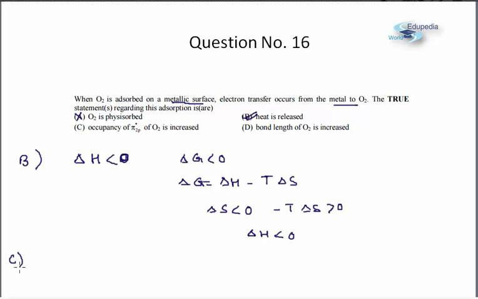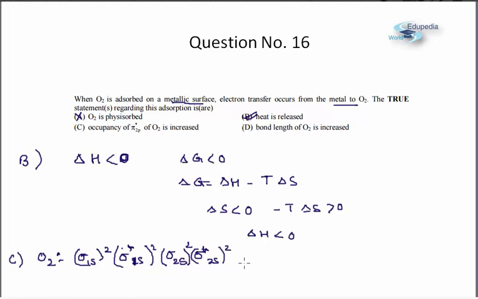Now if I look at the MO configuration for O2, it can be written as sigma 1s2, sigma star 1s2, 4 electrons, sigma 2s2 and sigma star 2s2, both of them will be 2 each.